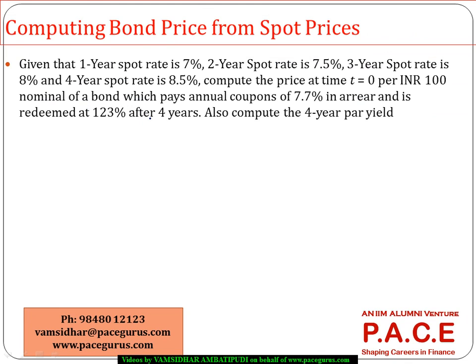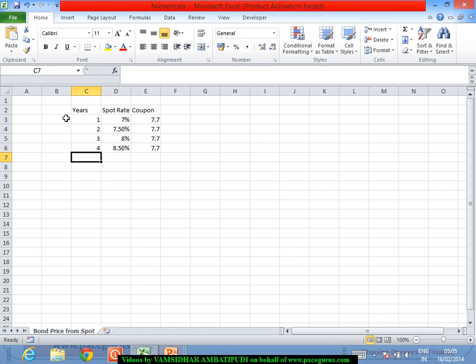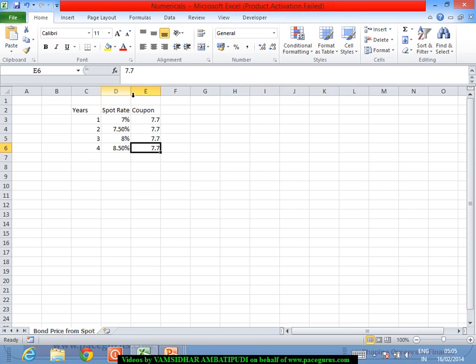But at the same time, it is said that it is redeemed at 123% after 4 years. At the end of the 4 years, at maturity, the redemption price is 123, 123% of 100.